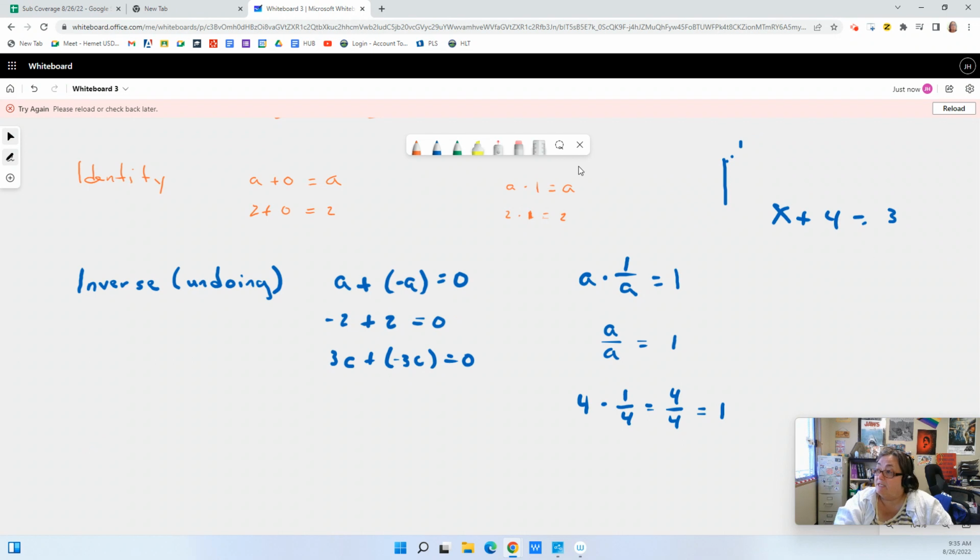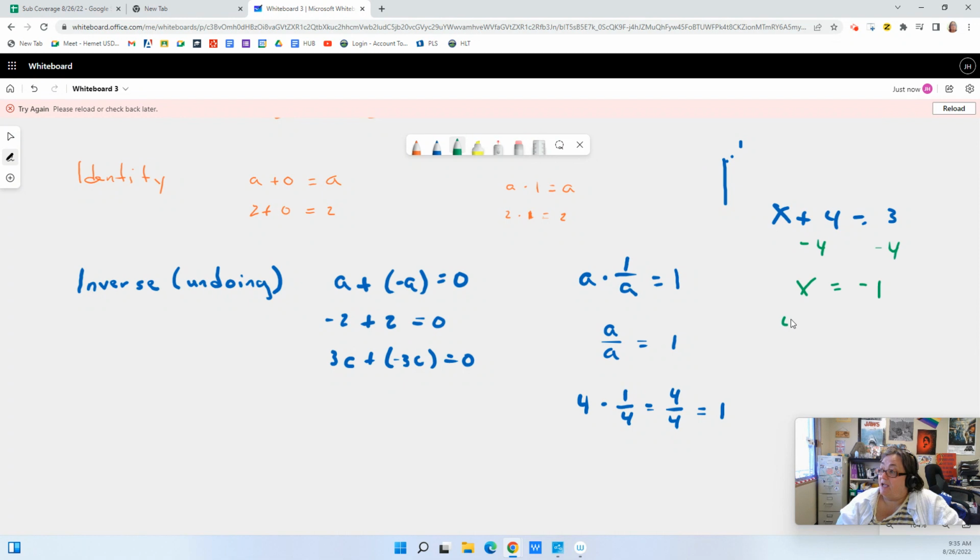And what we're doing to x to get it all by itself is we're doing inverse operations on everything that's being done to it. So in this case, the only thing that's happening to x here is it's got 4 added to it. And so I would take the inverse of 4, which is minus 4, and I would subtract it from both sides, and I would get x equals -1. Right?